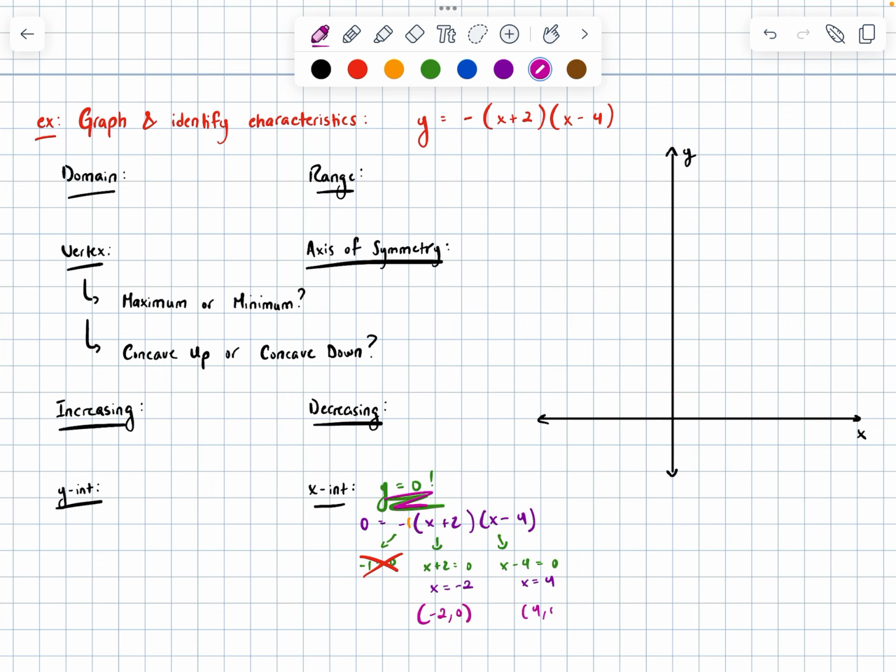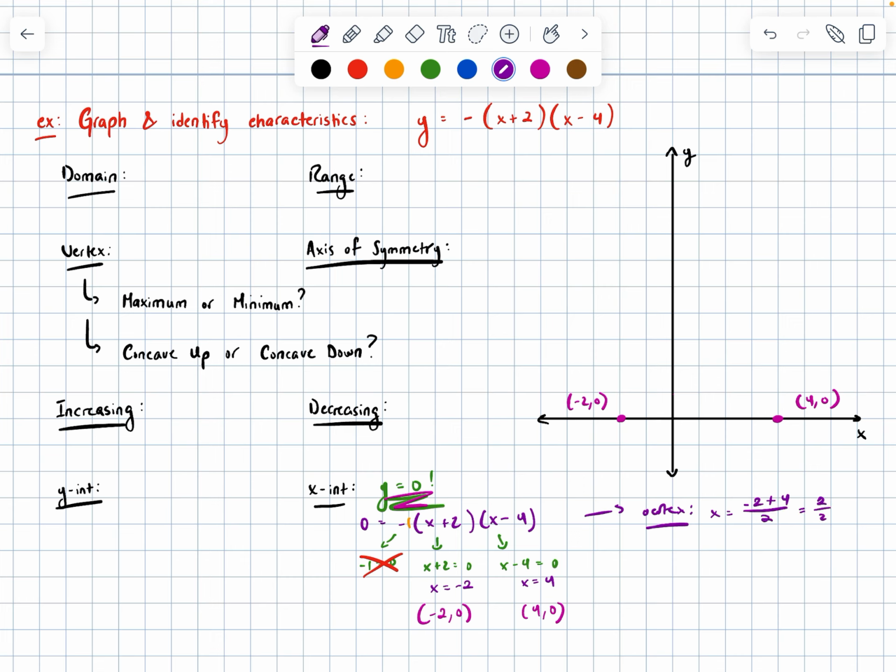Now that I've got those intercepts, I'm going to use my symmetry to my advantage here. Let's find the values for my vertex. First of all, the x value of my vertex I know is the average of my x-intercepts. The average, I find by adding the values together and here dividing by 2 because I've got 2 values. -2 plus 4 is equal to 2, and 2 divided by 2 is 1. So if the x value is 1, I can now plug into my original equation to find its corresponding value of y.